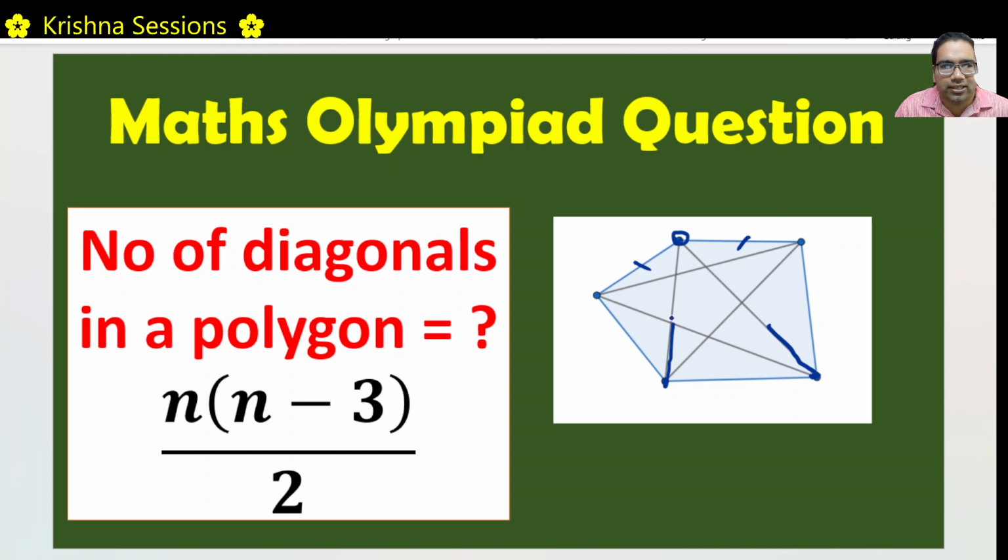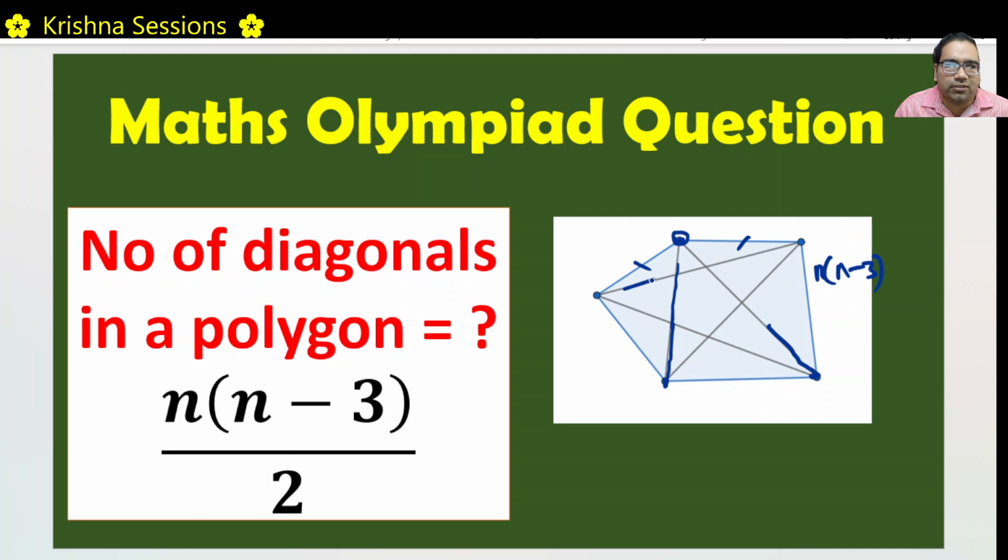So there are n minus 3 diagonals from each point, and there are n points. So n into n minus 3 total diagonals are there, but each diagonal is double counted. That means this diagonal, you will count from here also, you will count from here also. So each diagonal is counted twice.